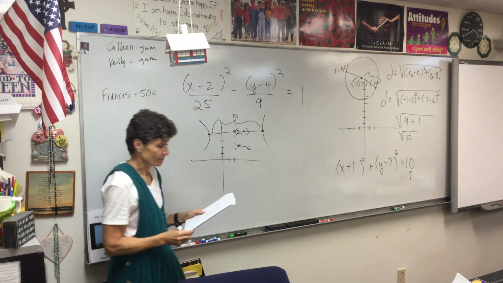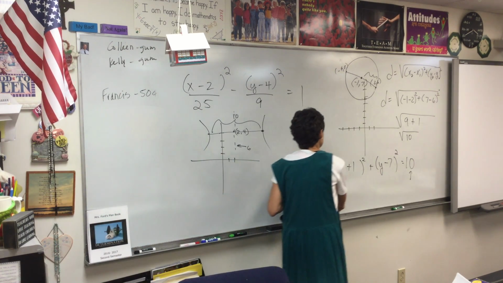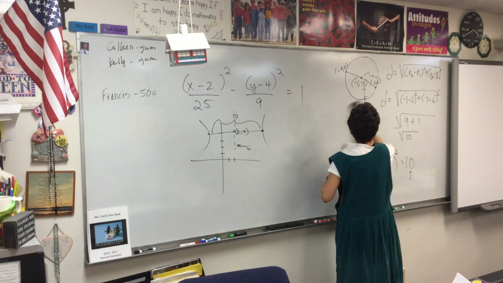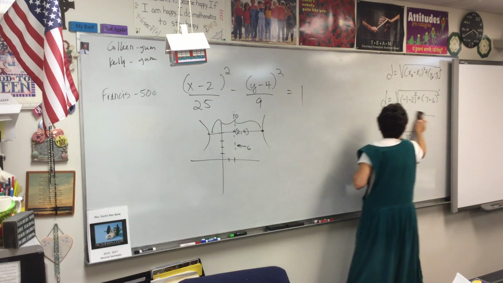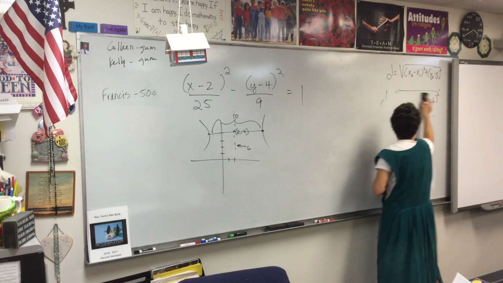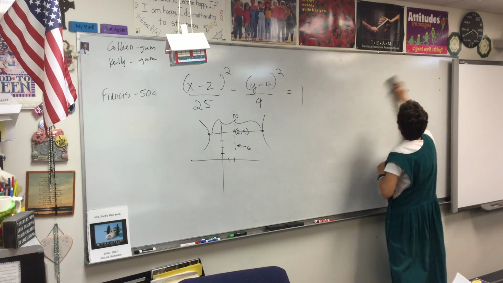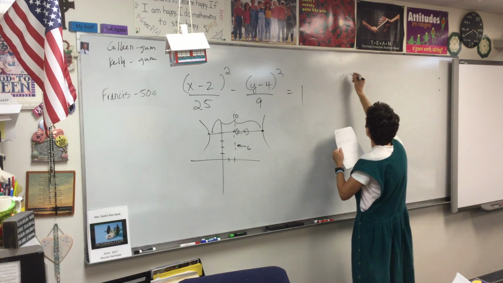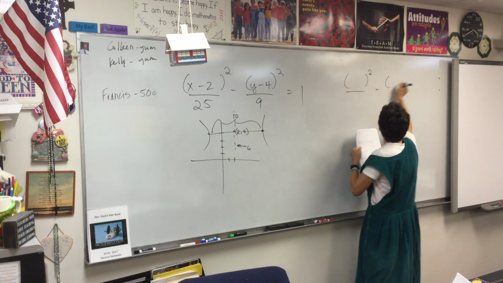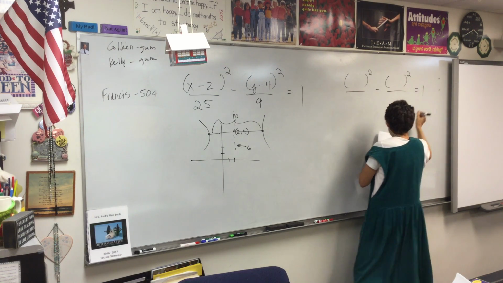Got it? Now the one right under it is another hyperbola, so it's gonna have the same style of equation. So it's something squared minus something squared equals 1.